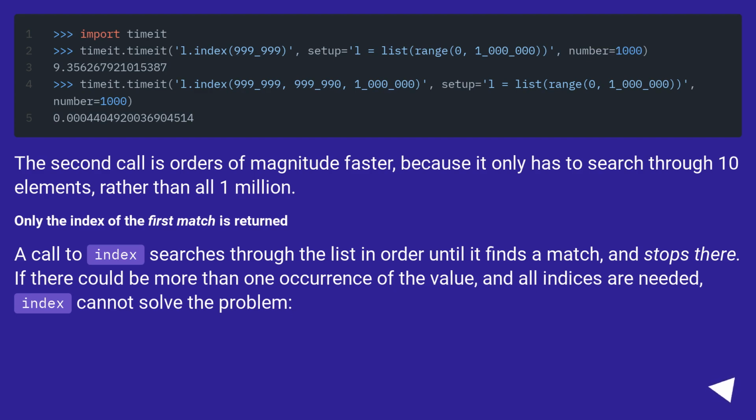The call to index searches through the list in order until it finds a match, and stops there. If there could be more than one occurrence of the value, and all indices are needed, index cannot solve the problem.